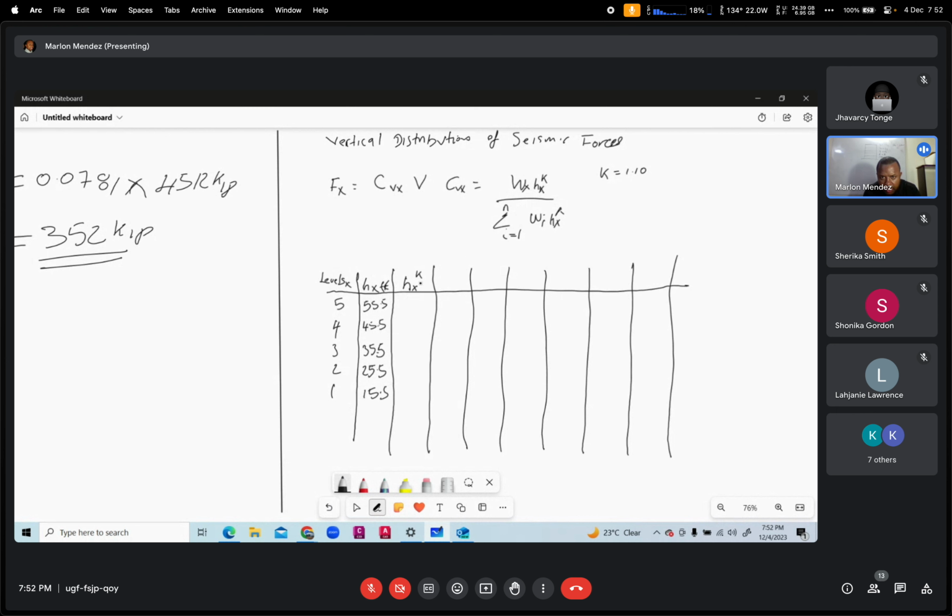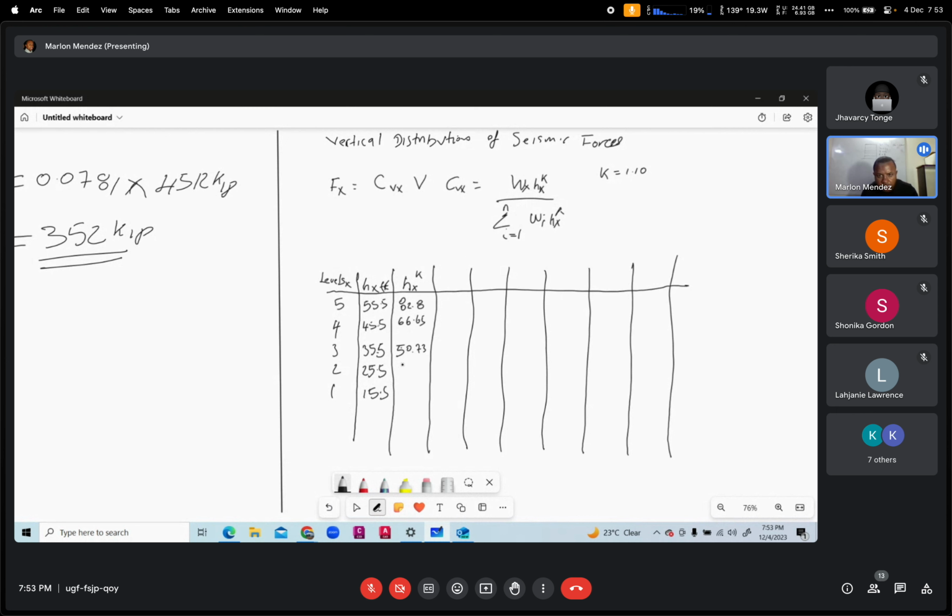hx raised to K. And we already know what K is. This is supposed to give you 82.8, this is supposed to give you 66.6, this is supposed to give you, you can just double check, I think 50.73.